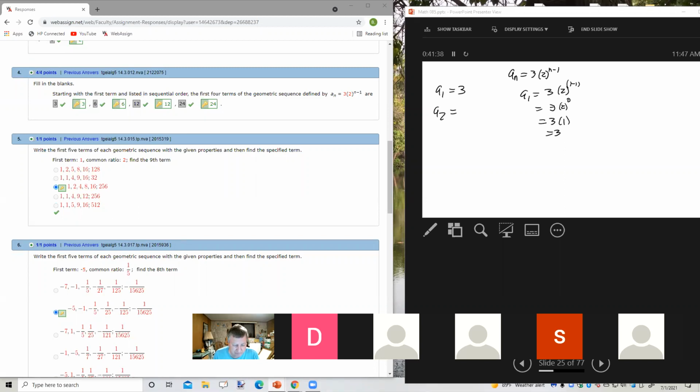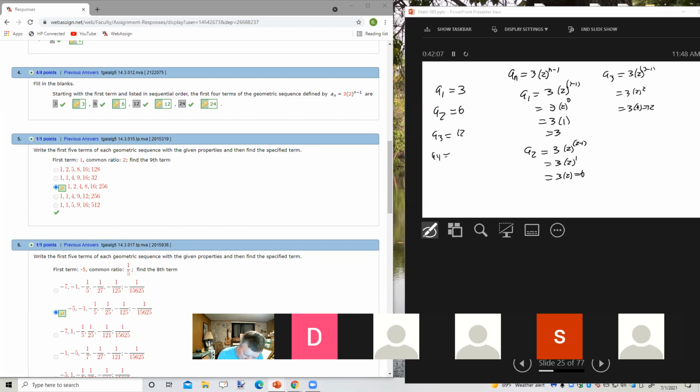We okay to go on? Yeah. A sub 2 would be 3 times 2 to the 2 minus 1 power, which is 3 times 2 to the 1, which is 3 times 2, which is 6. A sub 3 is 3 times 2 to the 3 minus 1 power, 3 times 2 to the 2, 3 times 4 is 12.